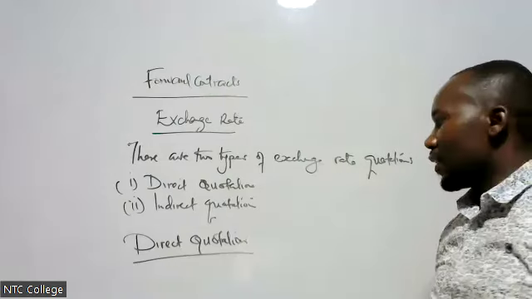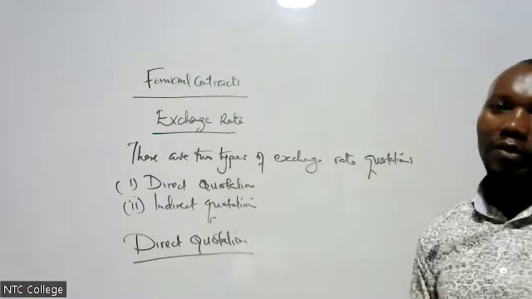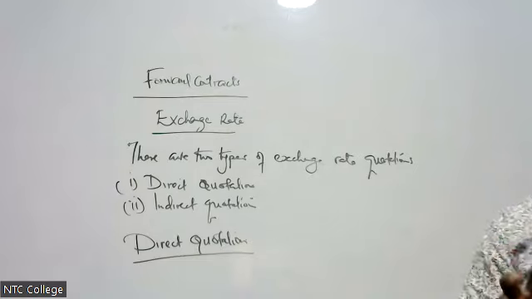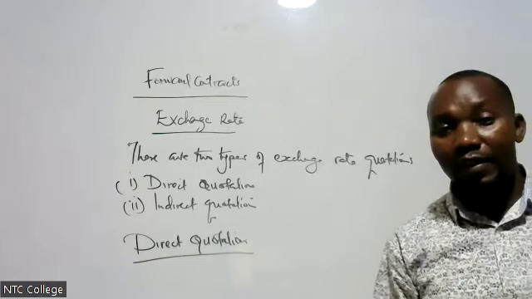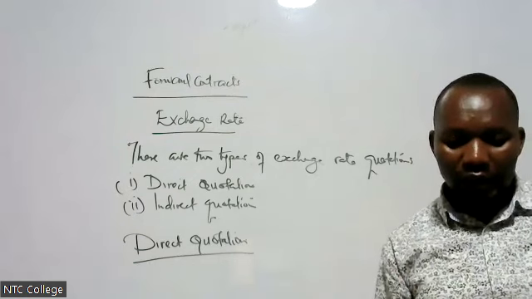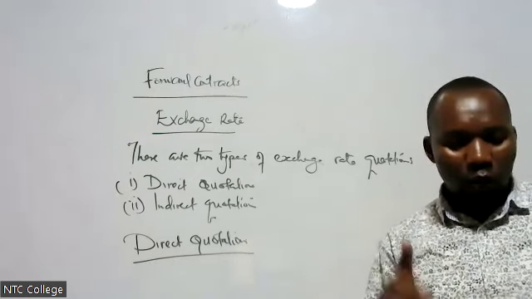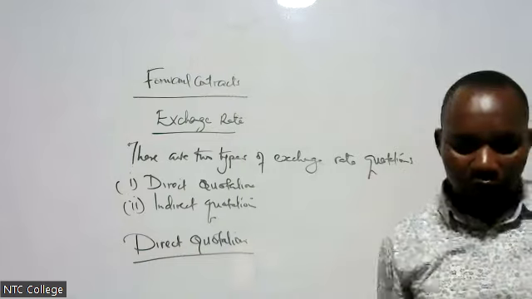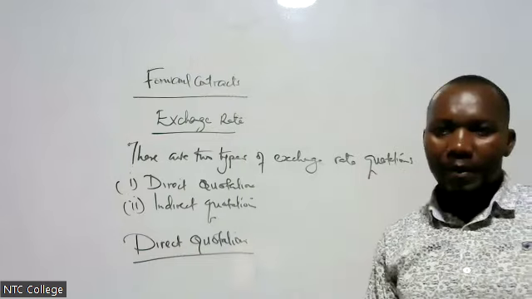Under direct quotation, the examiner will give you the amount of home currency that is needed to purchase 1 unit of a foreign currency.